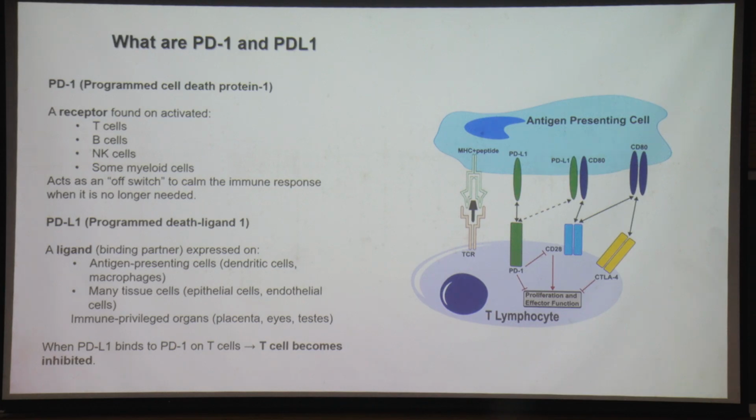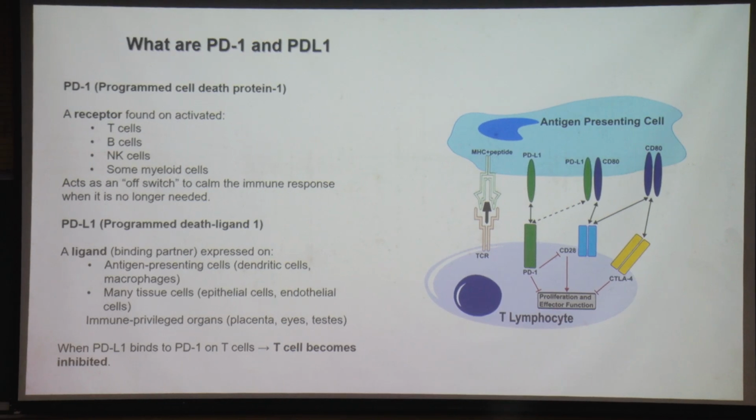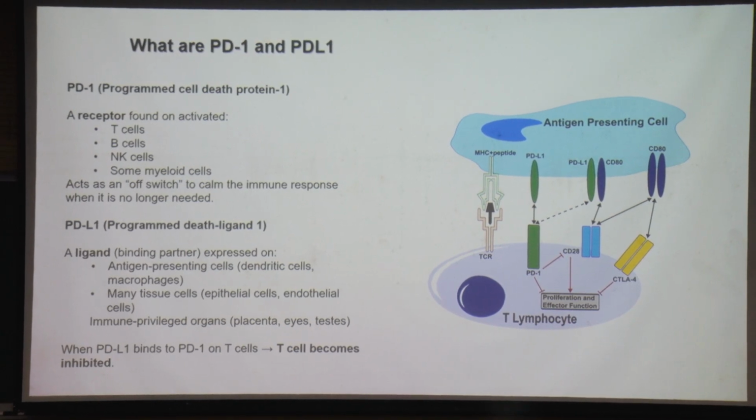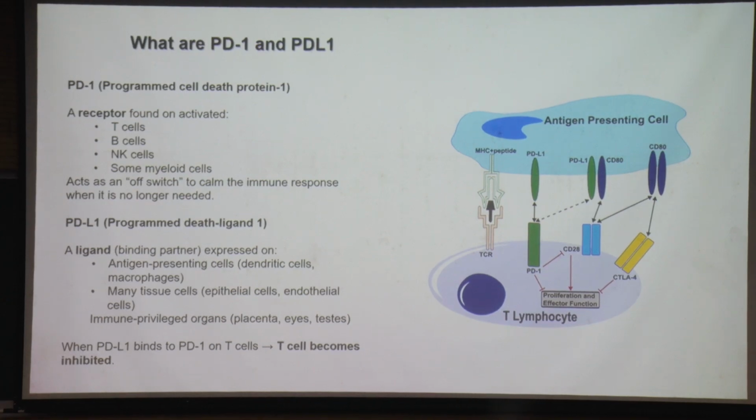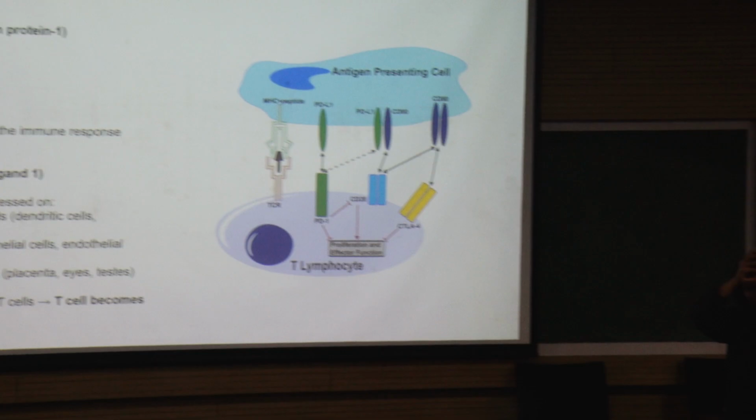So suppose this is an APC cell, a different cell. This is my hand, this hand is the T cell, this hand is the APC cell, antigen presenting cell. This is PD-1, this is PD-L1, the ligand. So what happens if they come together like this?